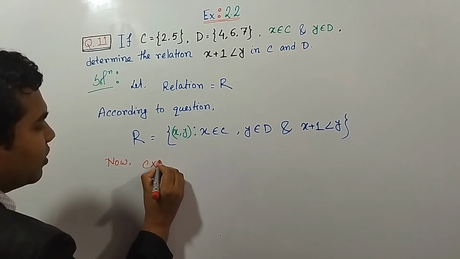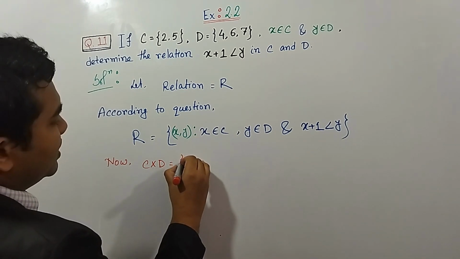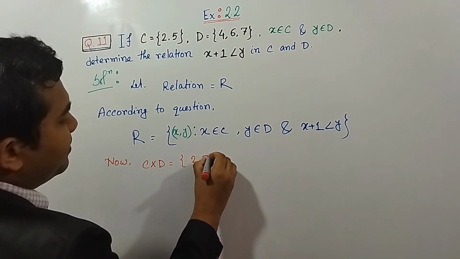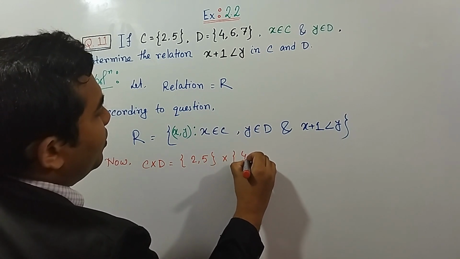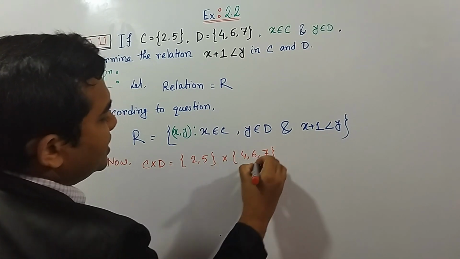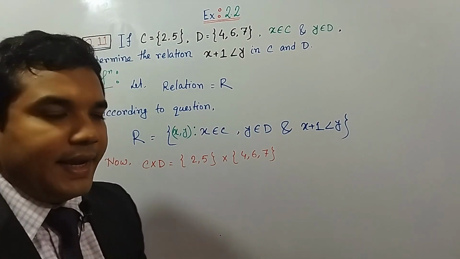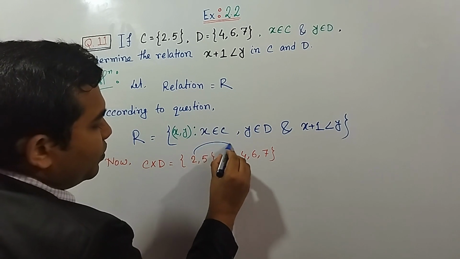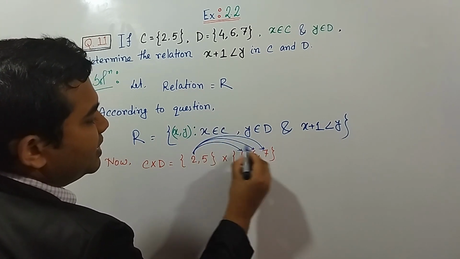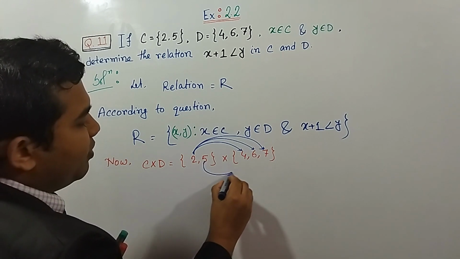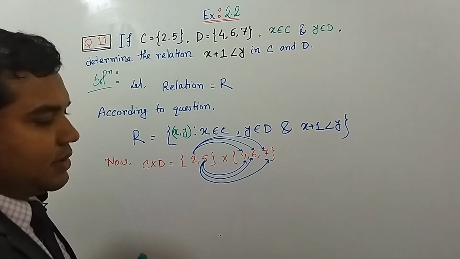From C cross D, we have C = {2, 5} and D = {4, 6, 7}. Now if we multiply, what will we get? 2 will be paired with 4, 6 and 7. Similarly 5 will be paired with 4, 6 and 7.